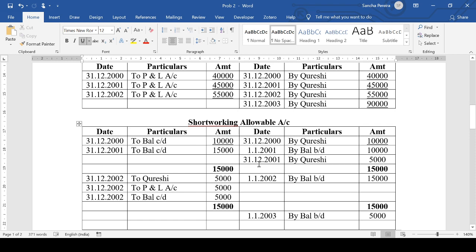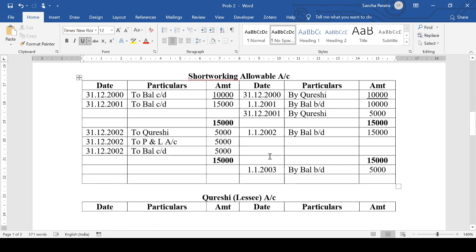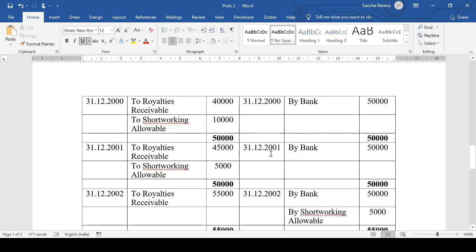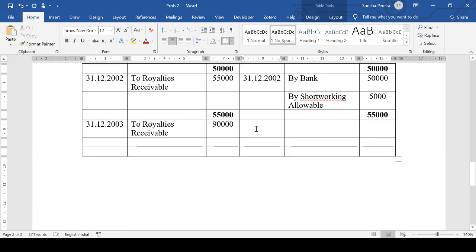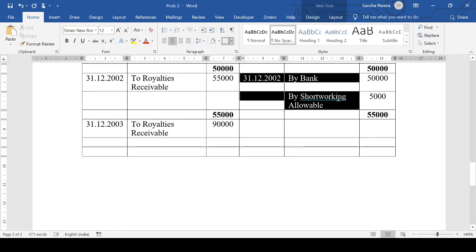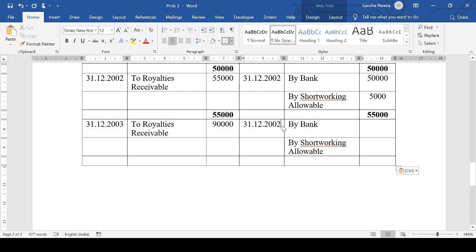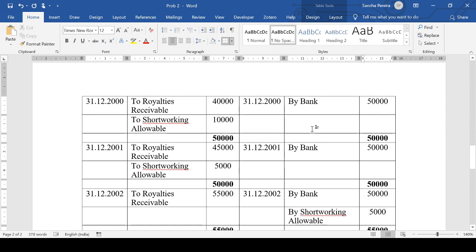Now we move to the receipt of the royalty. So it's bank account debit, short working allowable account debit to Qureshi. How much is the royalty that has been received? I think 85. And how much short working has been allowed?